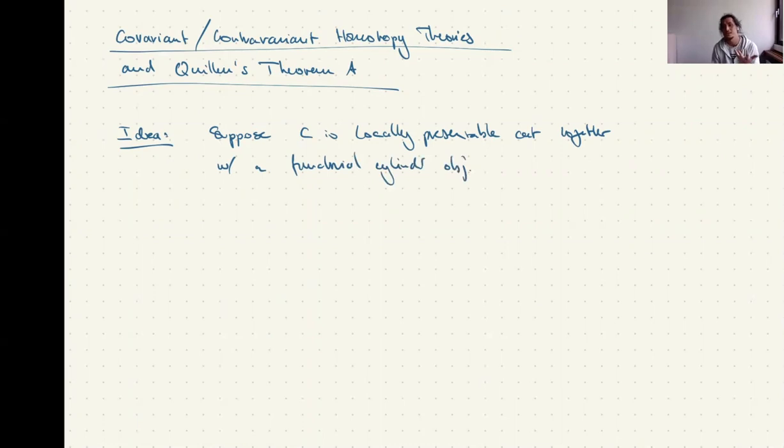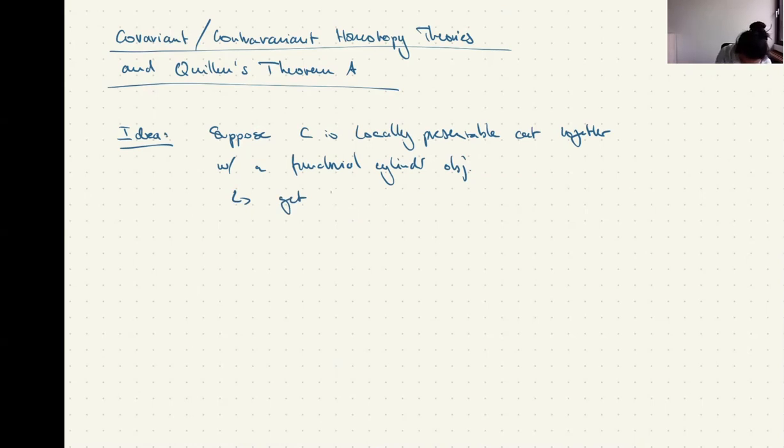Then we actually get two distinct model structures out of this datum, which behave in a, say, covariant and contravariant fashion with respect to the cylinder. So today I want to explain how we can do this and what are the applications in higher category theory.